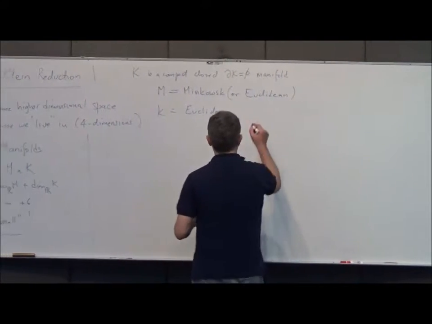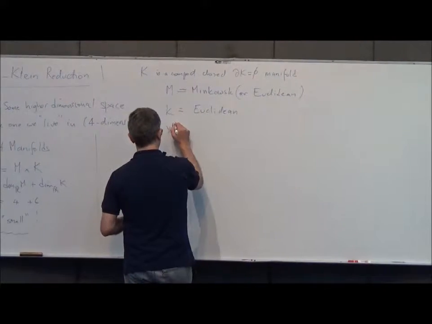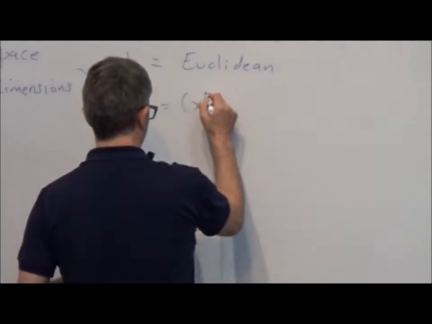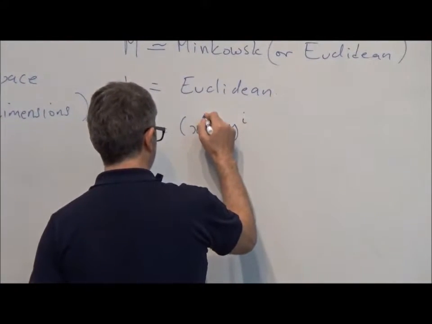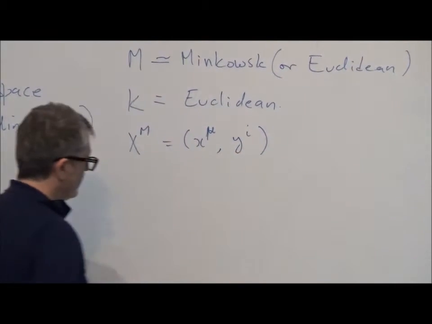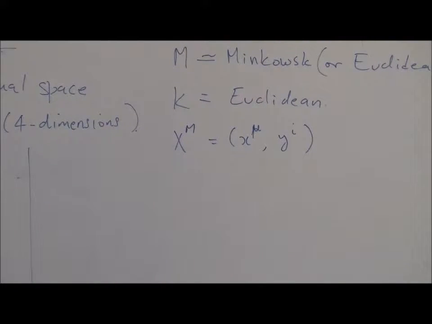Local coordinates, so on my big space, I'll write them like this. This is supposed to be Greek mu, up to 9.